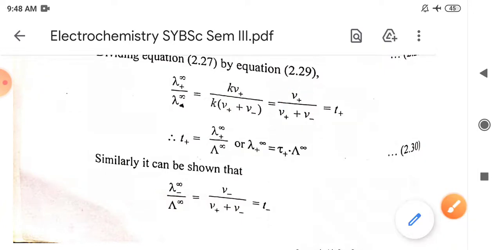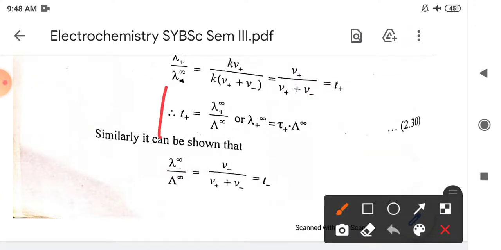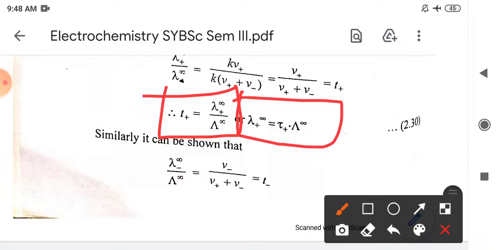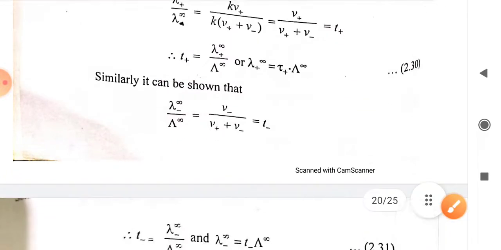So we can say that the transport number of the cation is the conductivity of that particular ion, that is the conductivity of the cation, upon the molar conductivity. Or we can say that the conductivity of the cation is the transport number of the cation into the molar conductivity. So these are the various forms relating molar conductivity and transport numbers.